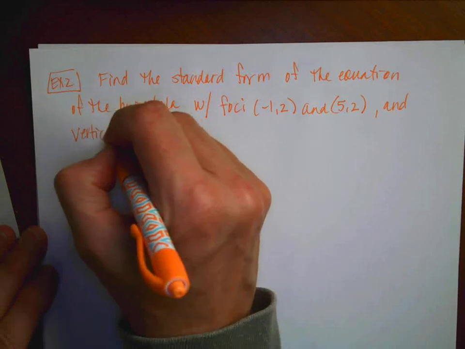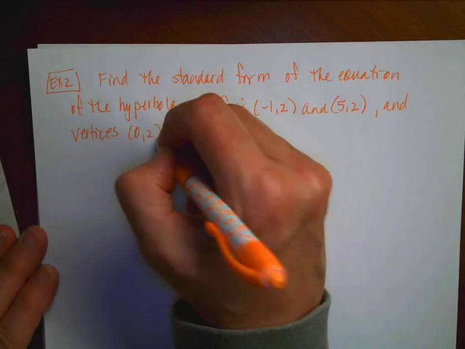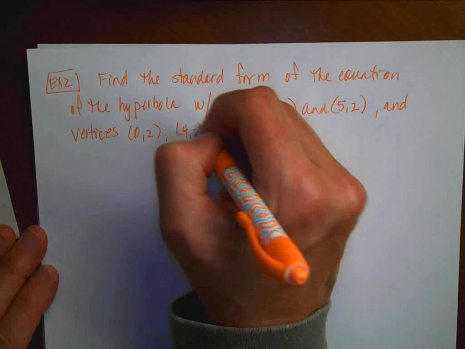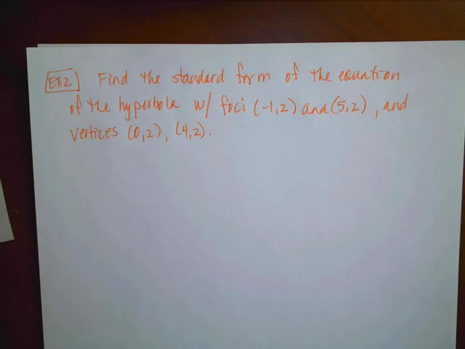So those are both of my foci. And then I have vertices of 0, 2 and 4, 2. So my goal is to write the equation.